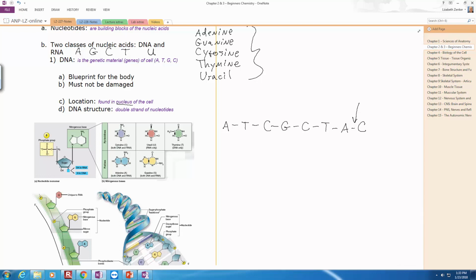A single covalent bond, right? So is that a strong or a weak bond? It's strong. It's not going to just break easily. This would take some work if we want it, but we don't want to chop this up. We want to keep this intact, right?